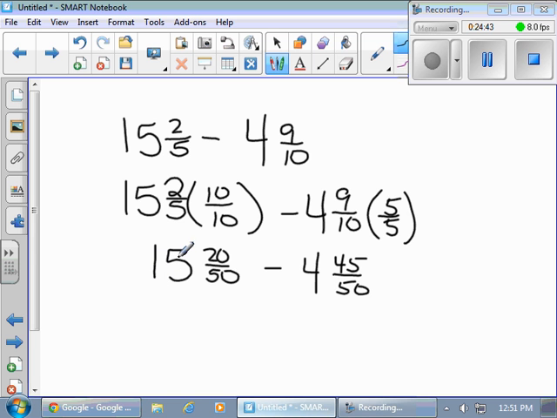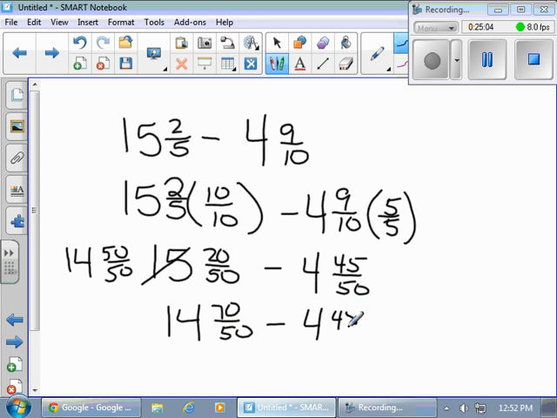Okay, I'm going to borrow. So how can I make 15 look different? He looks like 14 and what? 50 over 50. All right, now I've got to add this 20 to it. So how much total do I have? 14 and 70 over 50. Subtract 4 and 45 over 50.